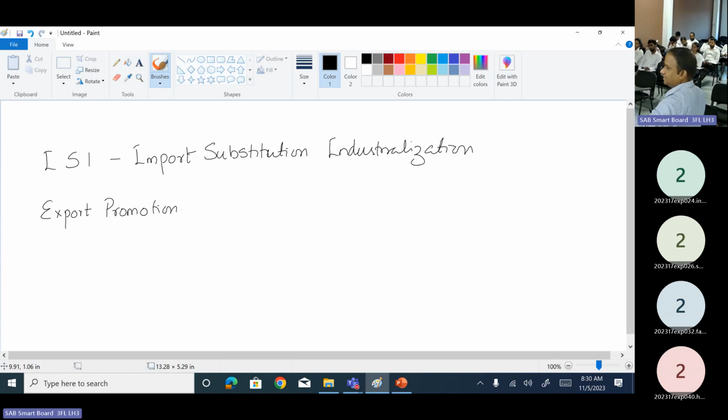So anyway, these are the two you can keep in your mind under the industrialization policy: the two broad policies, ISI and export promotion. ISI is against free trade, but export promotion is basically part of free trade, producing for the foreign market.